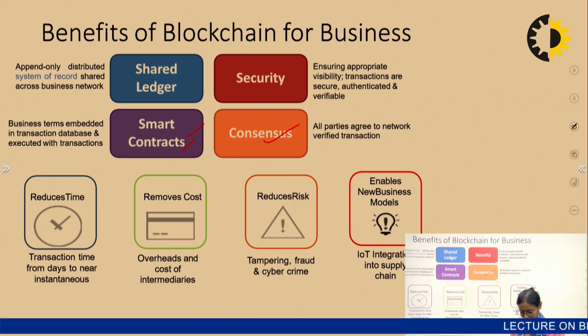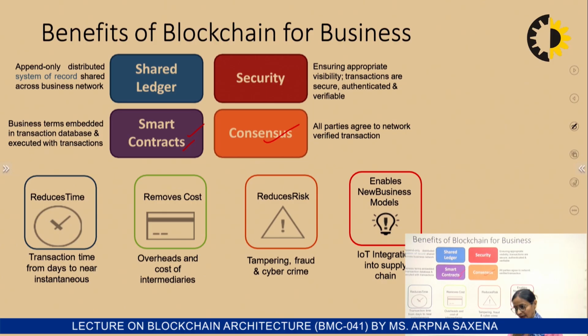For example, let's suppose in a supply chain management system, the tomato or the potato is being transferred from the central storage system to the vendors, then the capacity, the actual number of potatoes, is being decreased.